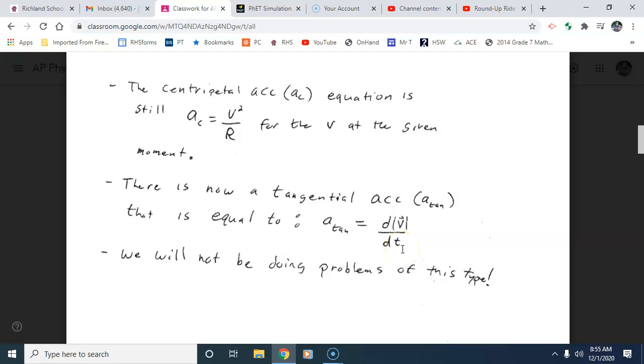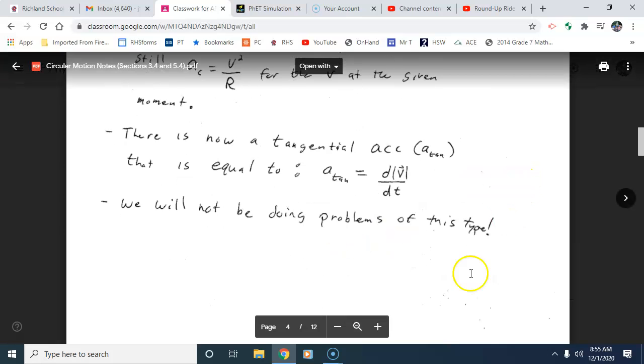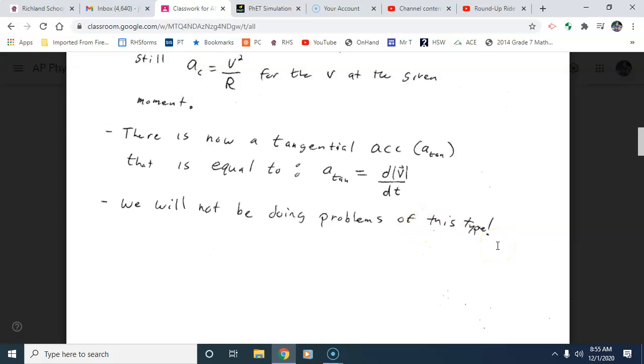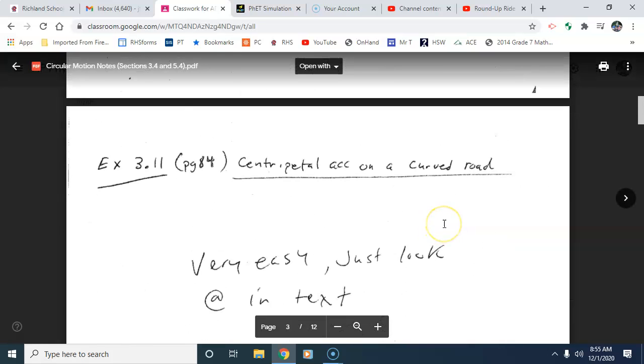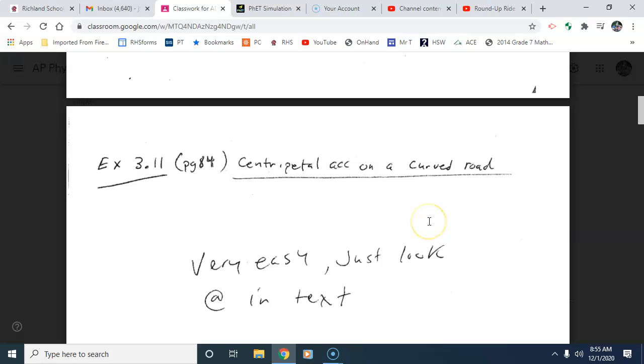Just like in the past, acceleration would equal the first derivative of a regular linear velocity. But that's for tangential, not centripetal. So it says here we will not be doing problems of this type. We won't right now. All right? Later on down the road, we might get some problems with both tangential and centripetal acceleration. But for now, just worry about a straight up constant speed uniform circular motion.